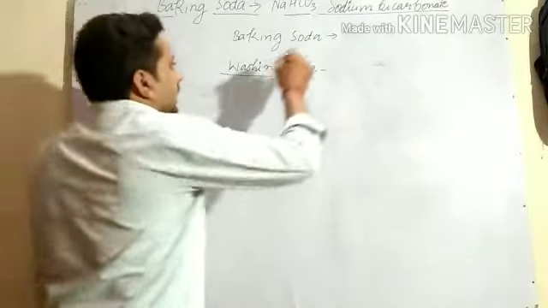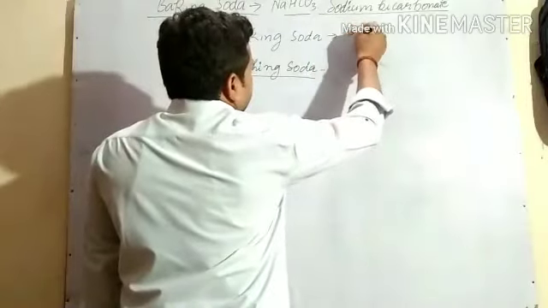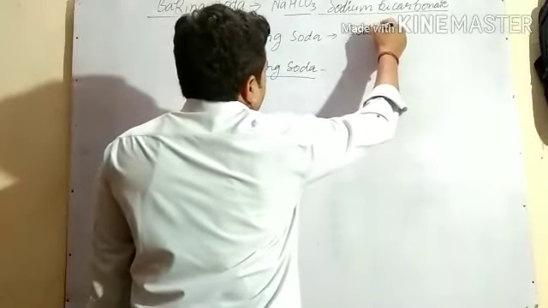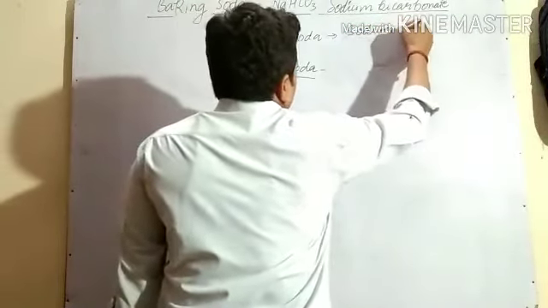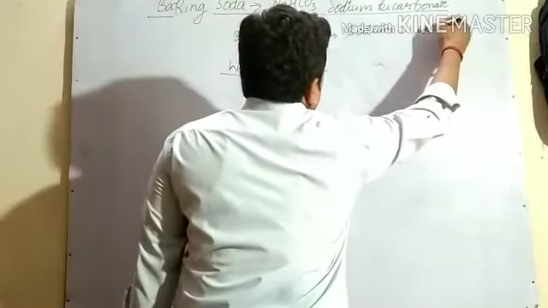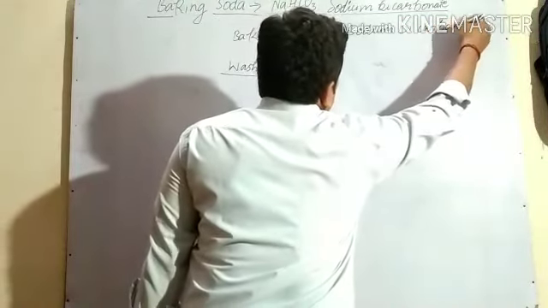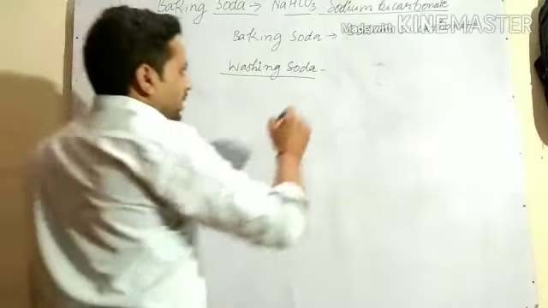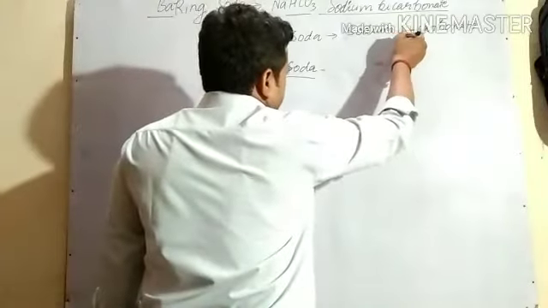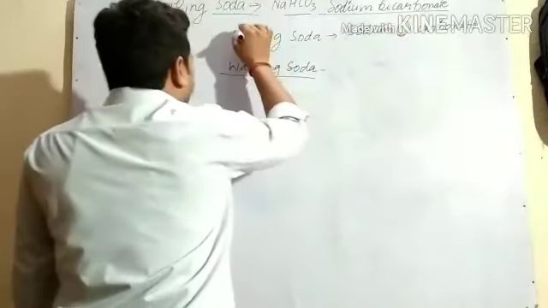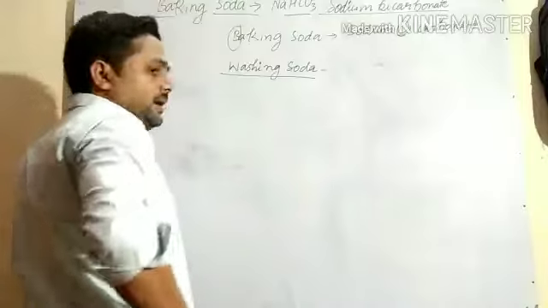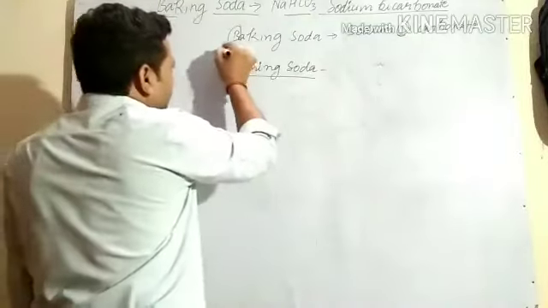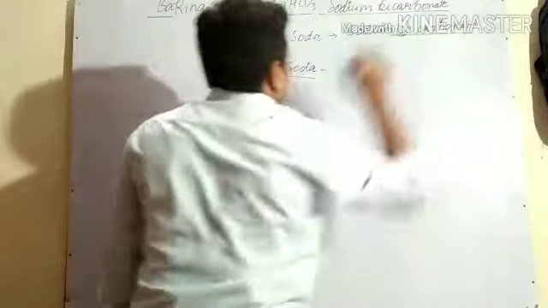And I told sodium bicarbonate. Many students are confused about how to remember it. So catch one letter from both, B and B. What does this mean? Baking soda, bicarbonate.